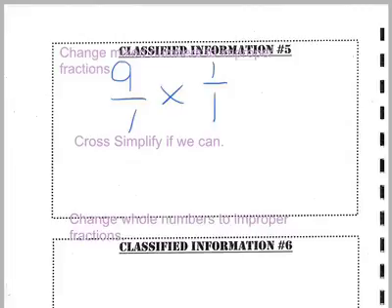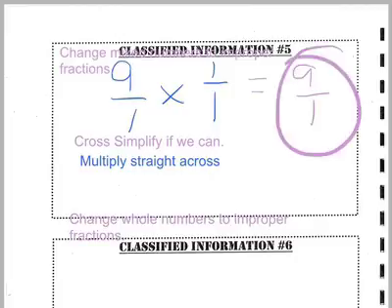And let's go ahead, and the next step is to multiply straight across. Okay, if we do that, we end up with 9/1. That's our final answer.